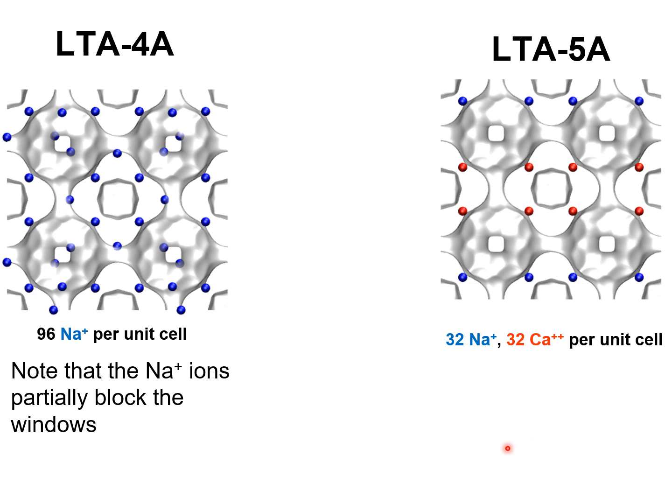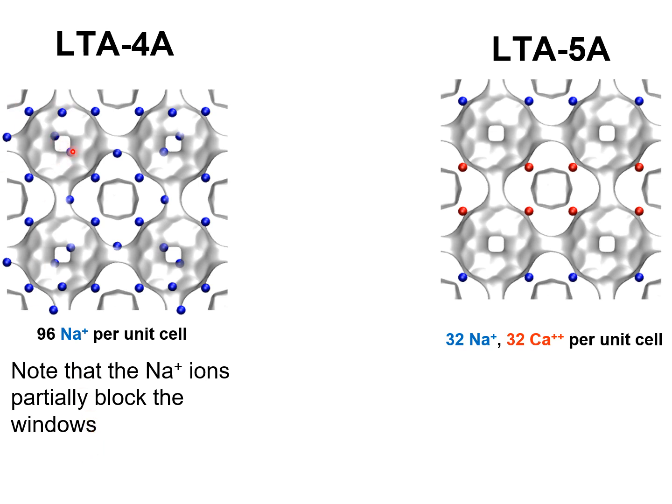In industrial practice, the all-silica version of LTA is not used. Rather, we have cation-exchanged 4A and 5A zeolites that are commonly used. For 4A zeolite, we have 96 sodium cations per unit cell, and the locations of these cations are shown by the blue spheres.